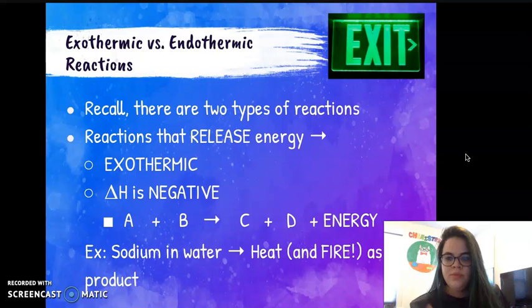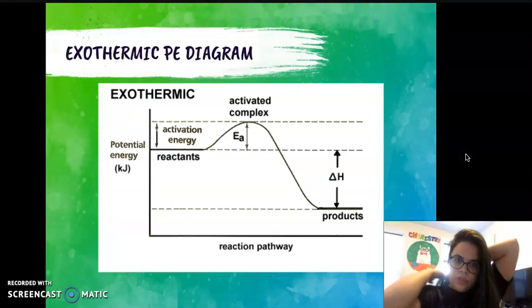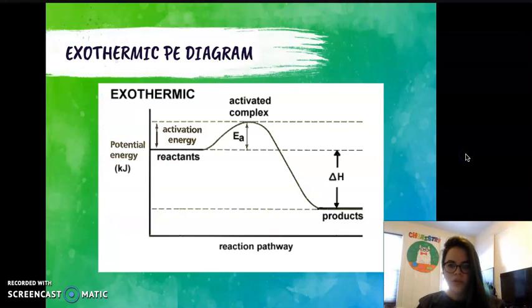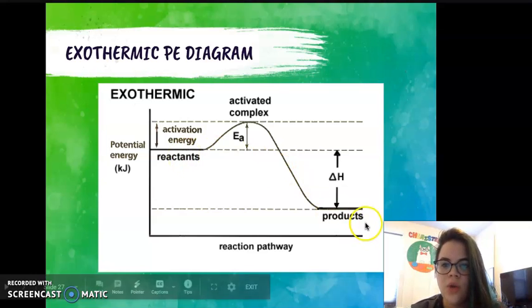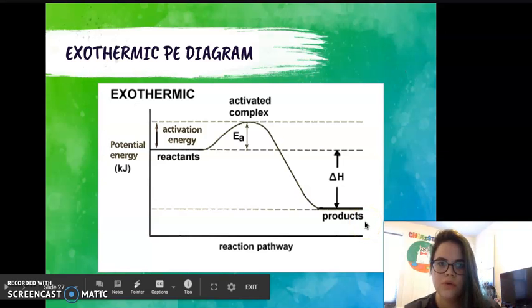You are expected to be able to look at a potential energy diagram and either mathematically or just visually identify it as endothermic or exothermic. A quick way to do this is to compare the reactants and the products. This graph is showing you an exothermic potential energy diagram, and as you can see, the products is going to be less than the energy stored in your reactants. That will always be the case. If you end lower than where you started, you will know you have an exothermic process.